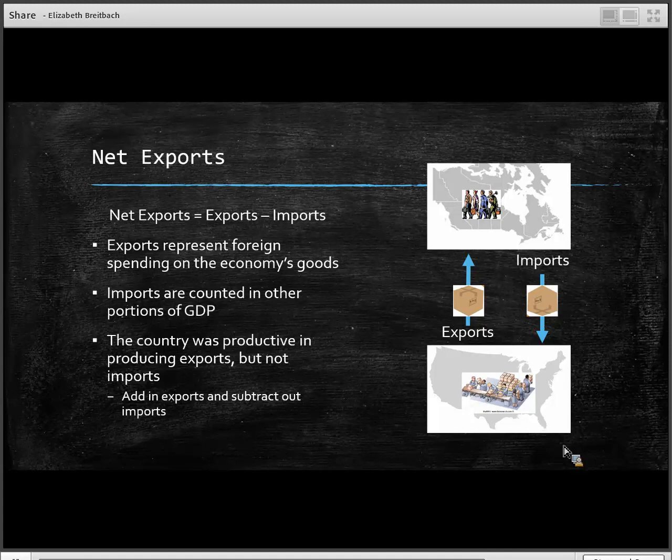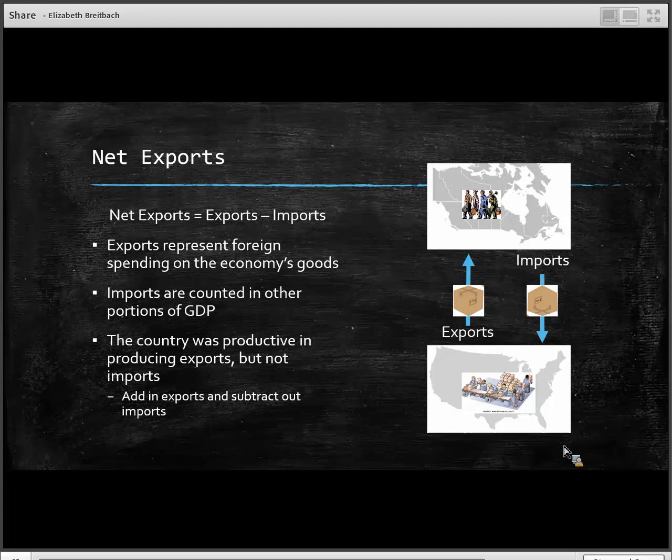And then it's used to build a house. Well, the United States wasn't productive in producing that lumber, but it was included under investment for the United States. So even though the United States was not being productive, it was still included in GDP. And so we want to make sure that we don't count this in GDP. It was already included in GDP, so we have to subtract it out of net exports.